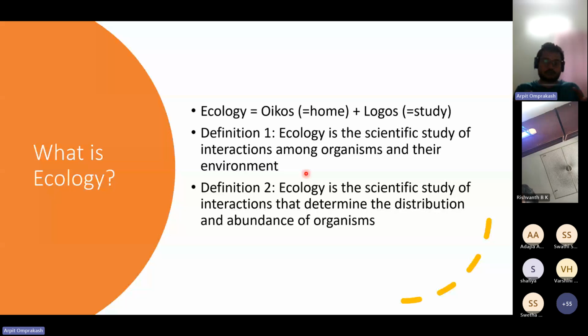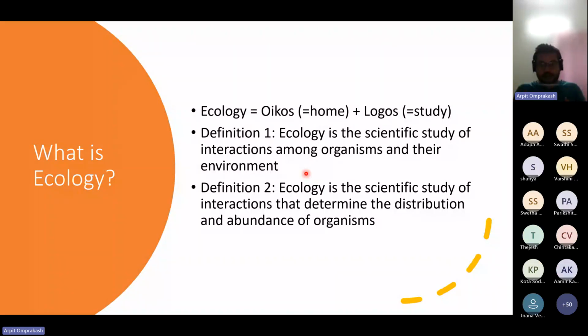The first definition basically means that, let's say you have a pet dog, and there are other street dogs and cats present in the street and all around your house. How your dog interacts with these street dogs and cats, and how your dog interacts with you and with its environment as a whole, is what is ecology.